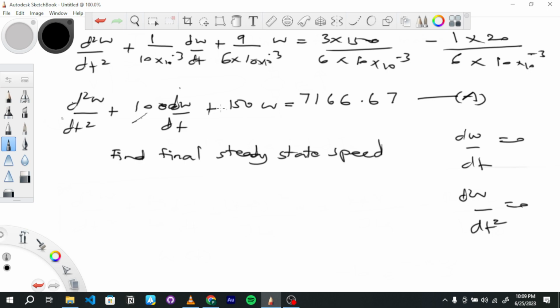From equation A, at steady state, this becomes 0 and this becomes 0. So I'll be left with 150 omega equal to 7166.67.